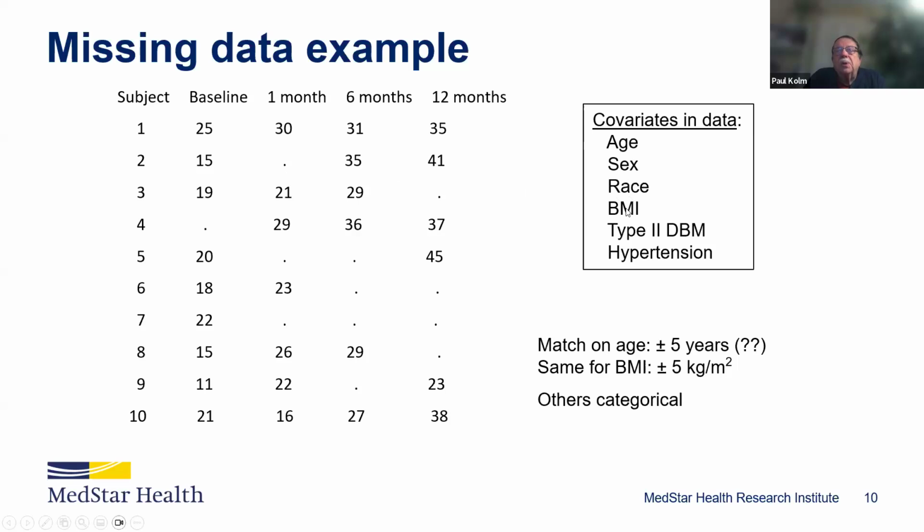And so you can see it might be difficult to do this, especially if you have continuous variables like age and BMI. How are you going to match that? If you try to match by an exact age, then you might not be able to find a value for it. So typically when people do this, they match on age, say within plus or minus 5 years, or maybe plus or minus 2 years. And then the same thing for the continuous variable of BMI.